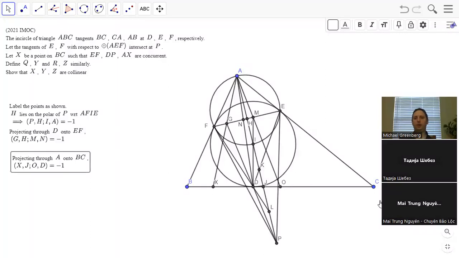Maybe we could try to calculate JOC and BXDC and combine them somehow, but it doesn't seem that easy.